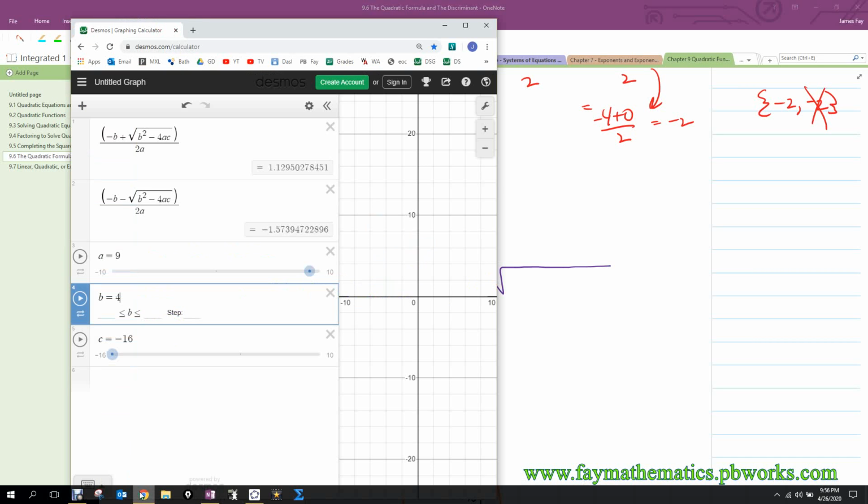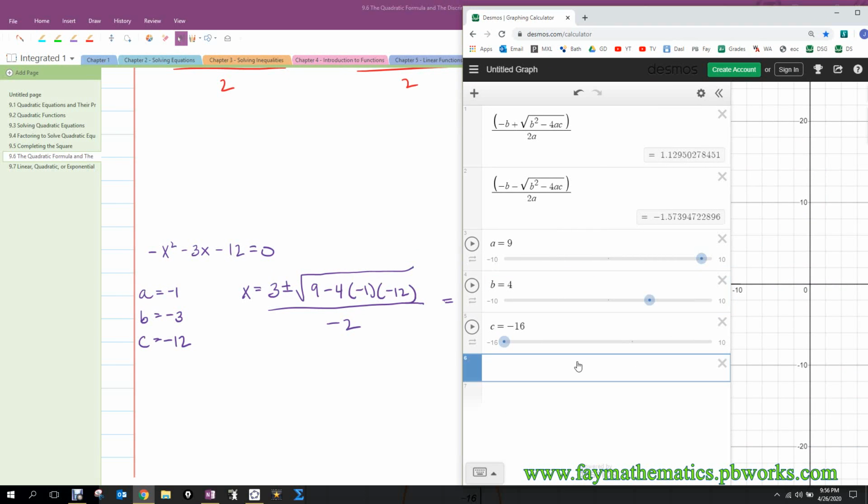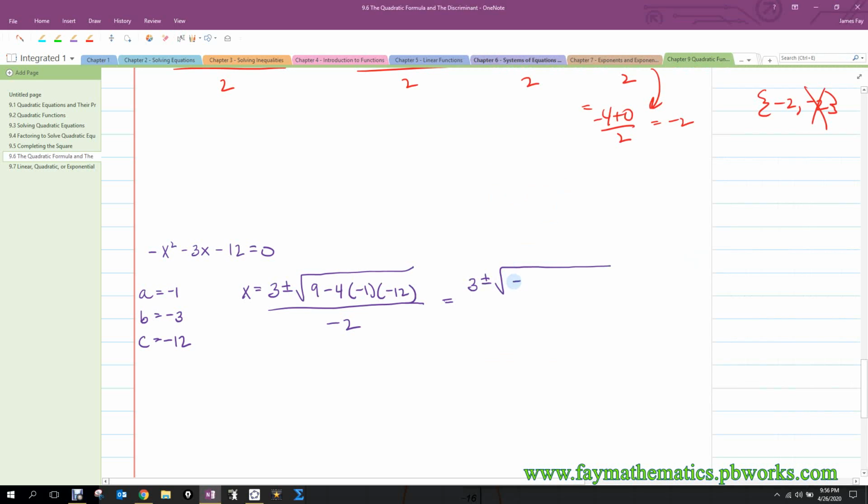If I just go ahead, just to quicken this a little bit, let's use Desmos. Let's just go 9 minus 4 times negative 1 times negative 12. You get negative 39 underneath the radical. Negative 39 all over negative 2. So now here's what happens.